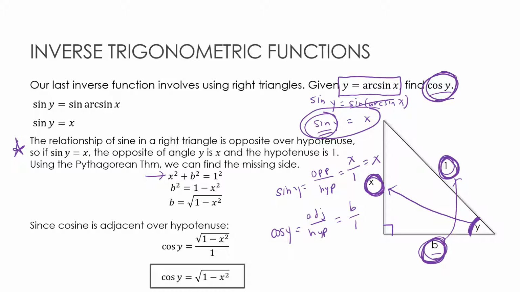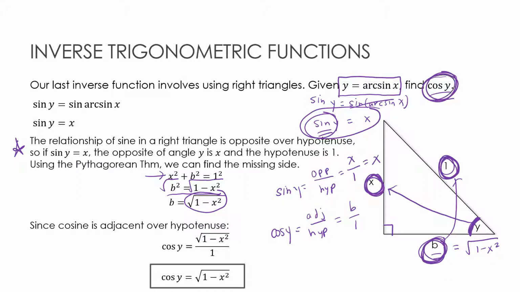So I'm subtracting x squared from each side, which gives me b squared equals 1 minus x squared. I'm taking the square root of both sides, which gives me b equals the square root of 1 minus x squared.